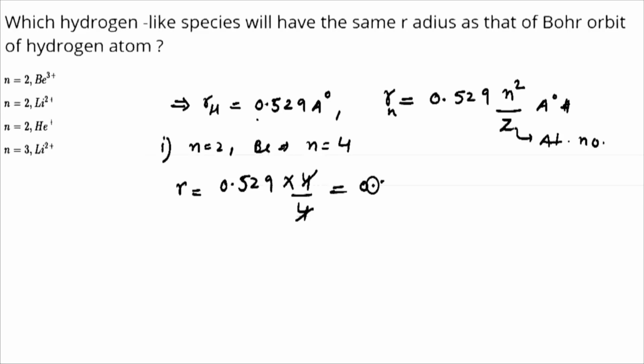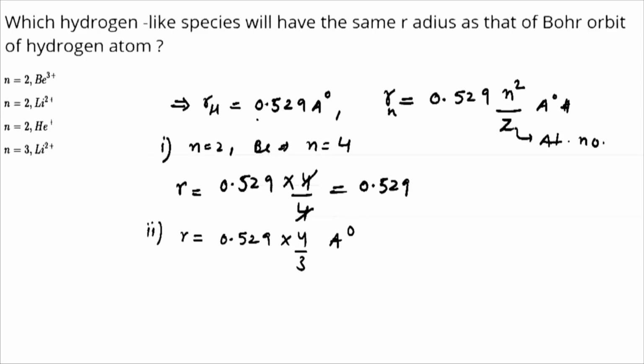It will be equal to 0.529. Now let's see the second option: n is equal to 2 and for lithium Z is 3. So 0.529 into 4 divided by 3 angstrom.